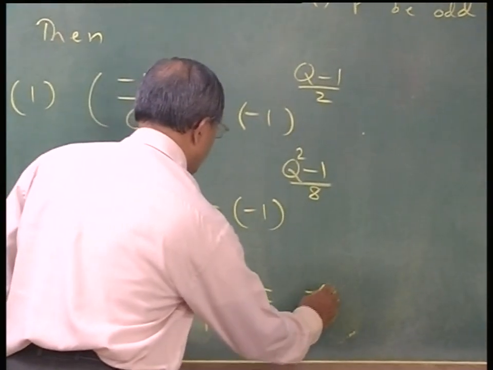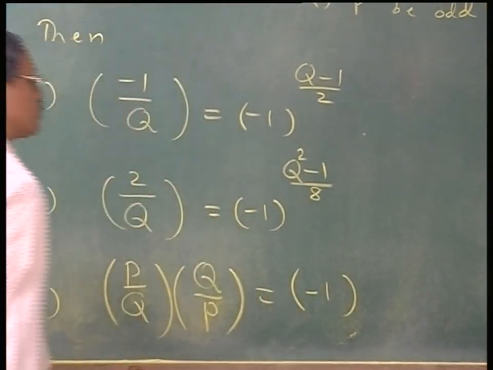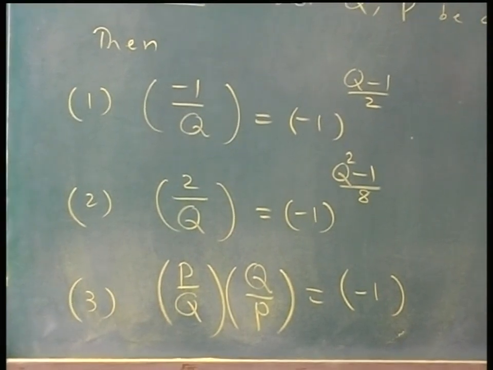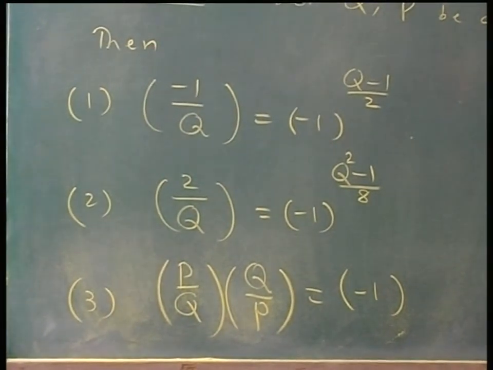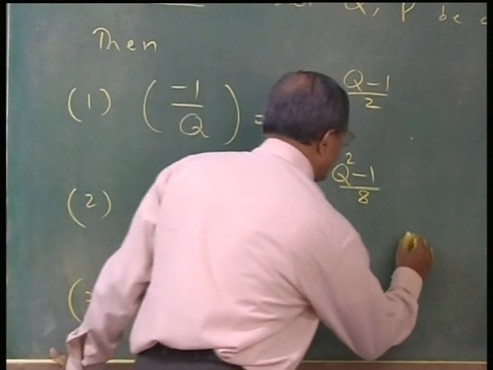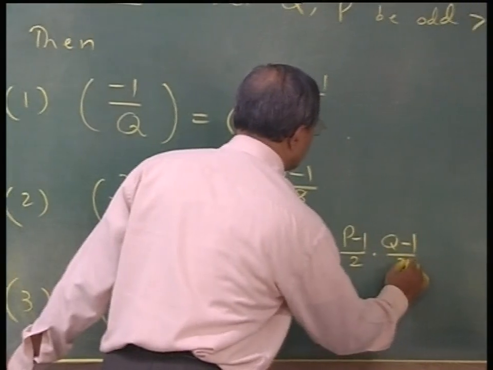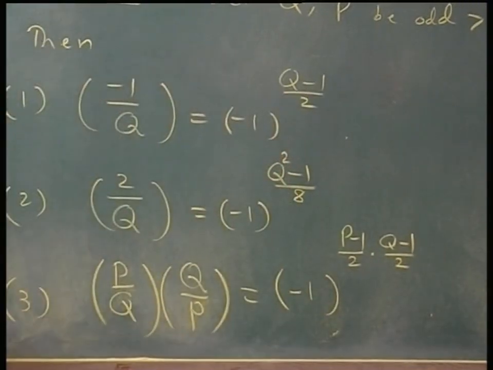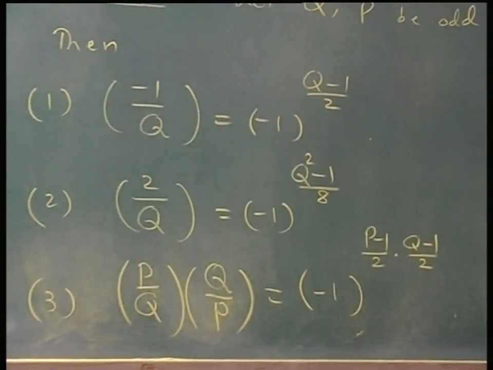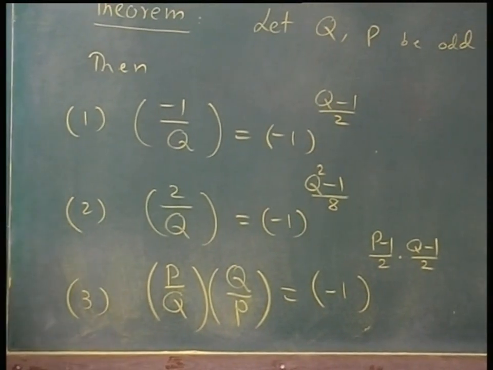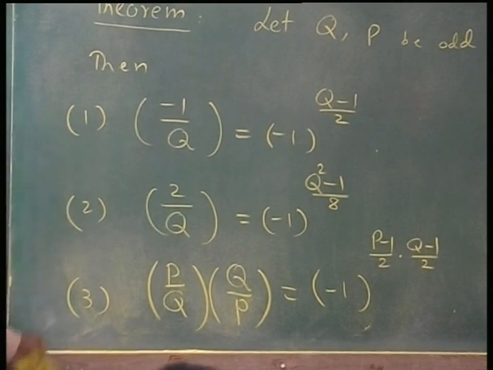It is equal to minus 1 raised to P minus 1 by 2 into Q minus 1 by 2. The power is the same: big P minus 1 by 2 into big Q minus 1 by 2. So this is easy to remember.